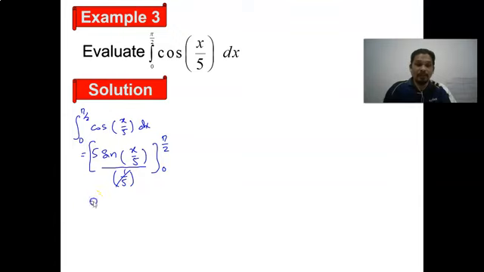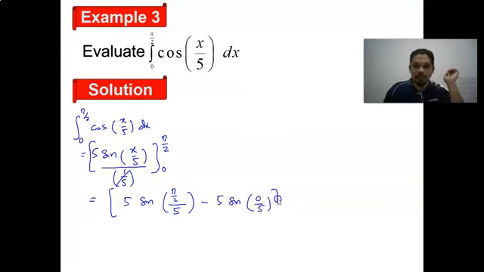Now we substitute the value of pi over 2. First, we substitute into 5 sine, x equal to pi over 2, pi over 2 divided by 5, minus 5 sine x equal to 0, 0 over 5.